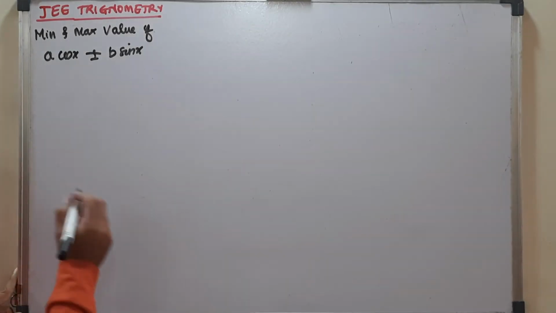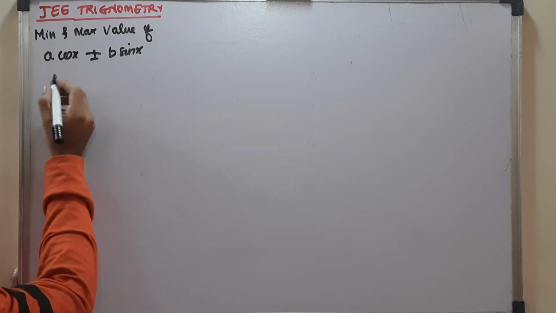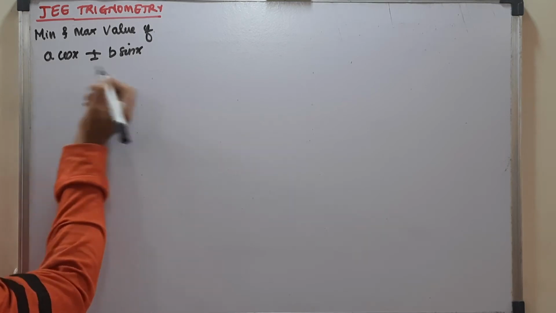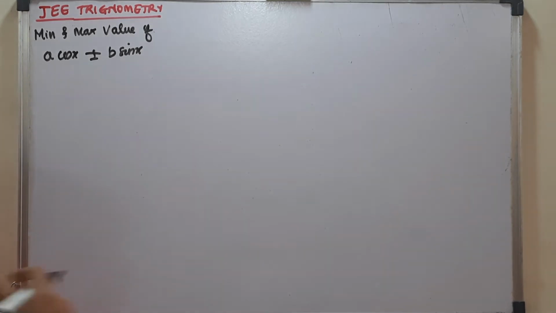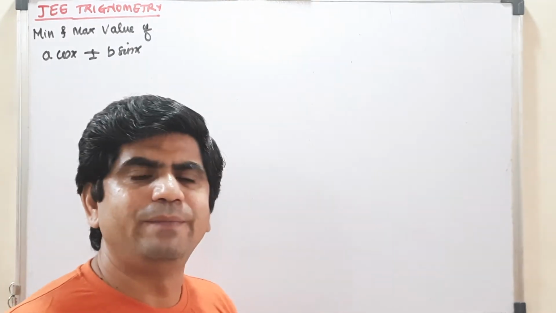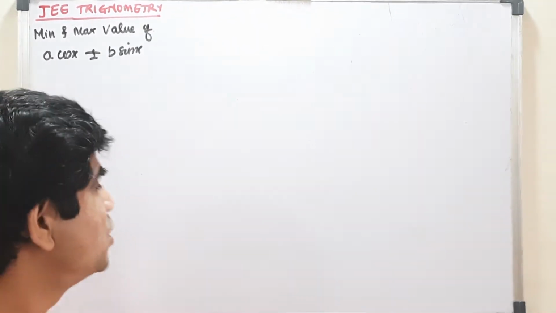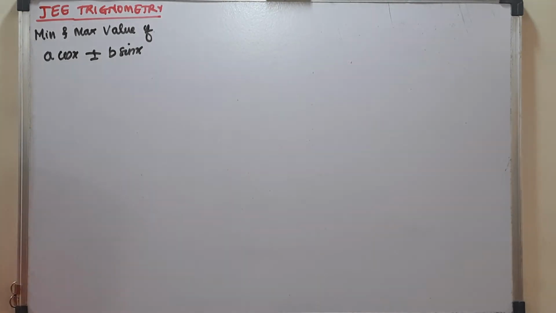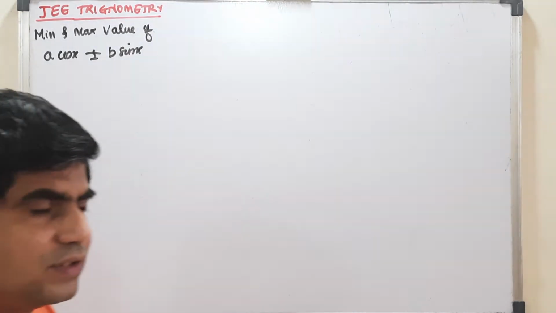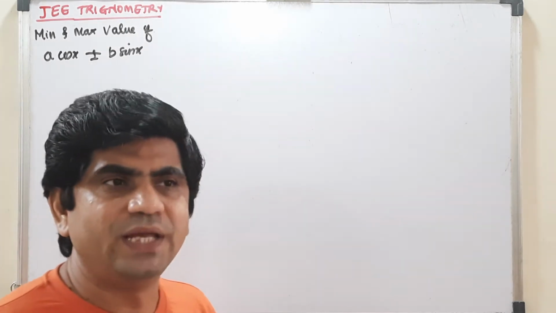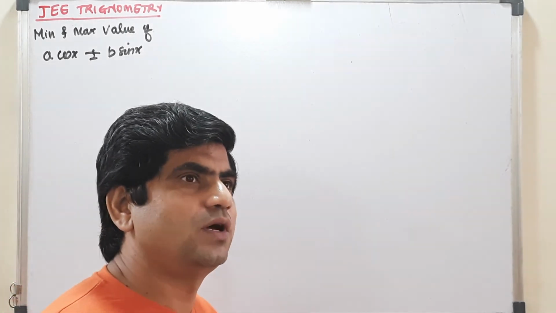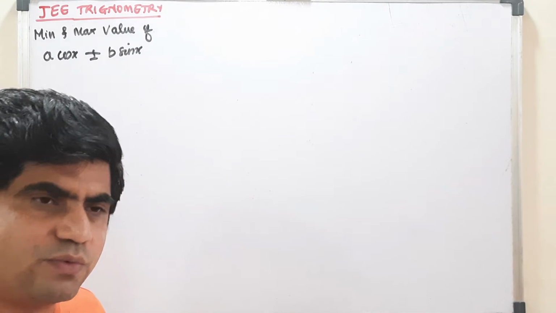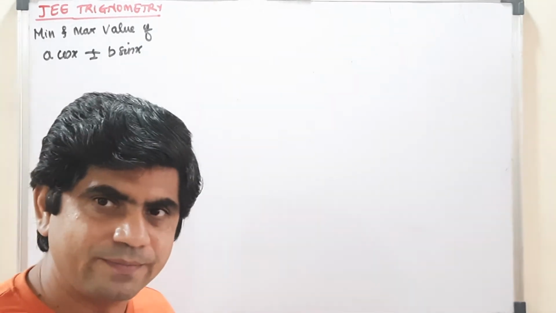So to know it, what I am doing is, this is a cos x, na? So I will convert both of them either in terms of sin or cos, but I will be better off converting in the form of cos. So for cos, I will take it in the form of compound angle. So cos a plus b is equal to cos a cos b minus sin a sin b, correct?